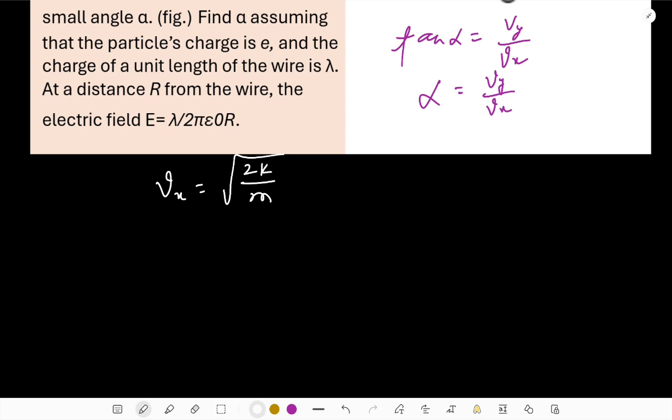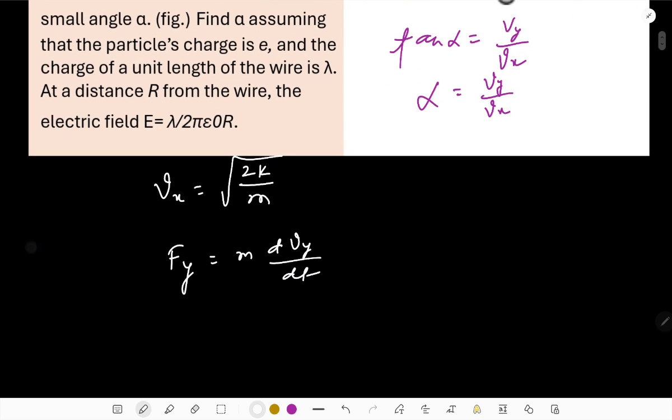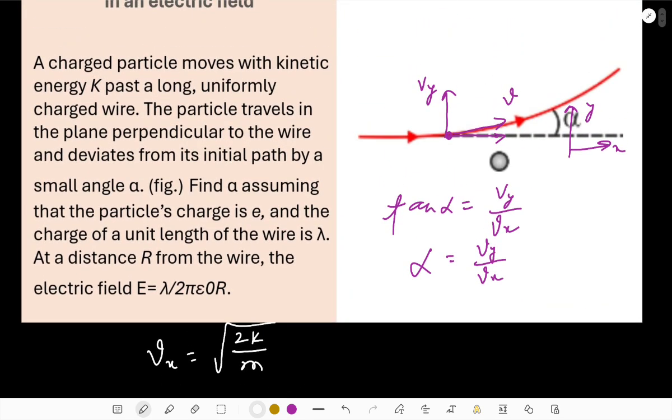And I can write Fy equals m dvy upon dt, and Fy here is the force. The electric field from the wire will be in this direction here, so it is exerting a repulsive force e times E, if the electric field here is this.